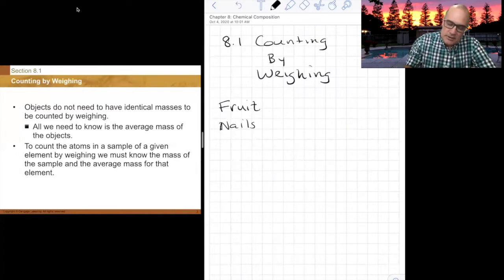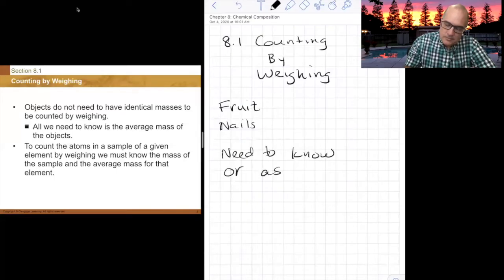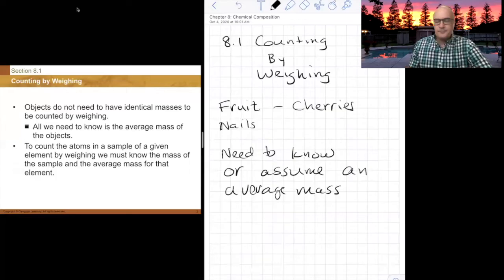So in order to do this, we're going to need to know or assume an average mass. And of course, if we think about one of my favorite fruit, cherries, cherries come in all different shapes and sizes and colors depending on the ripeness or the type of cherry.